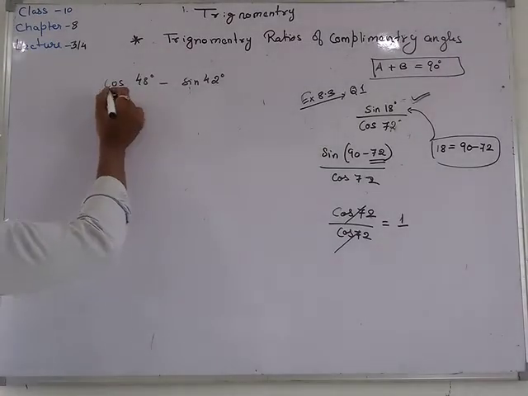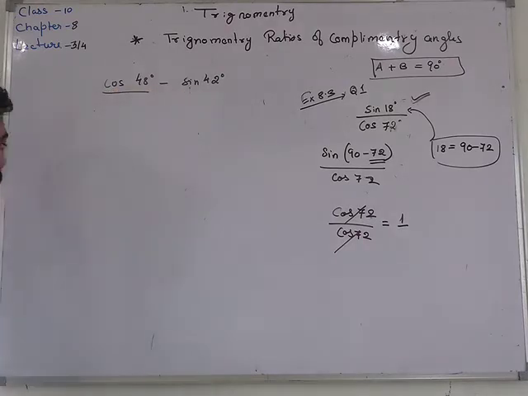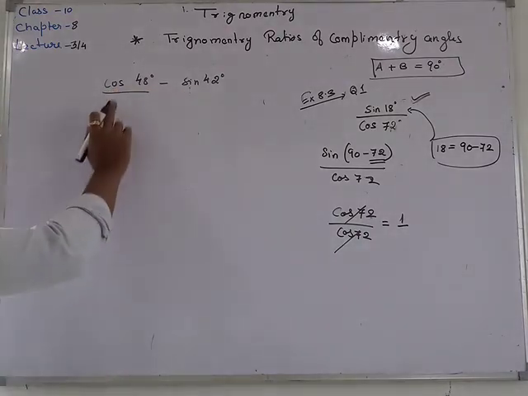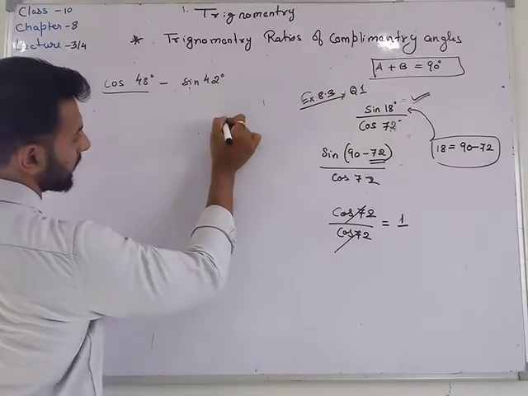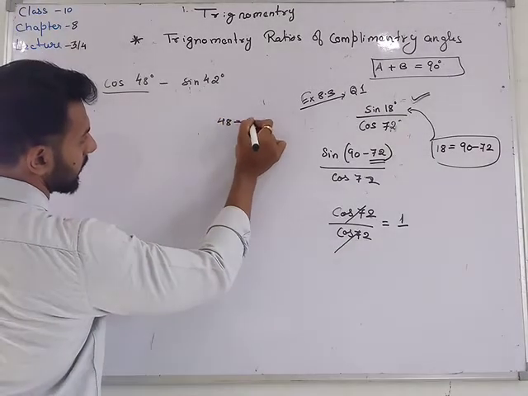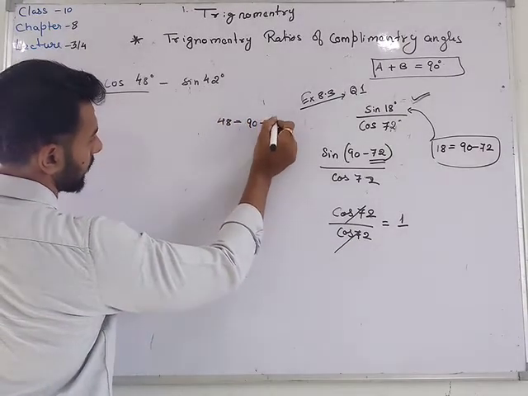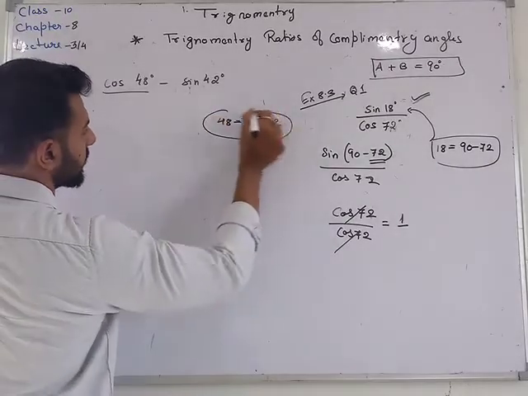Either we can change the cos or the sin. I am changing the cos 48. 48 can be written as 90 minus 42. Substituting this value over here.